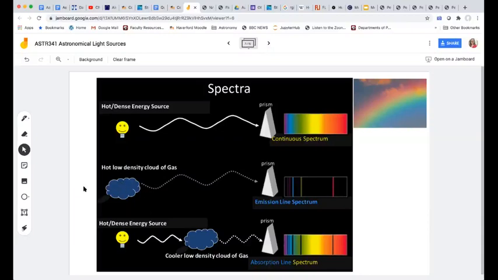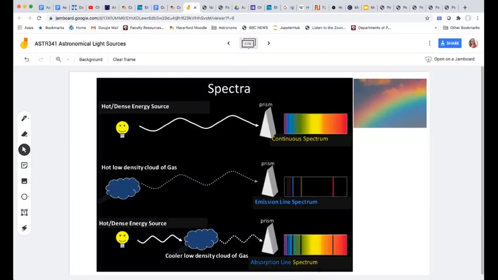The emission line photons will go off in all directions. So even off to the side, you'll see the emission line, but you won't see the continuous spectrum in the background. So we see this kind of emission line spectrum from gas clouds and nebulae, like planetary nebulae, star formation nebulae, and galaxies with star formation clouds in. We'll see these emission line spectra.